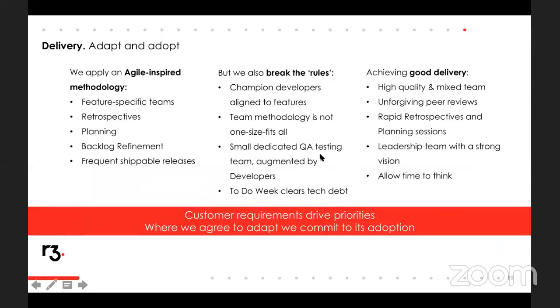And we keep quite a small dedicated QA team. So where in the past we've seen QA teams that would take a handoff from the developers to make sure that that code is passing, we've chosen to put the emphasis for the responsibility of the QA testing back to the developers.